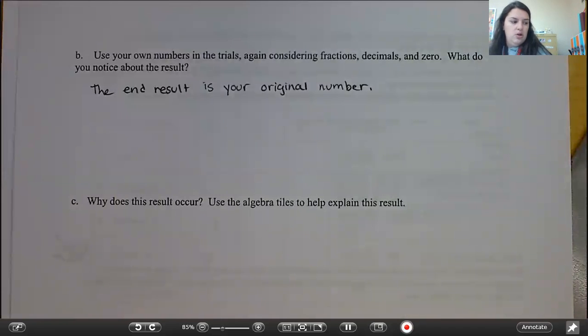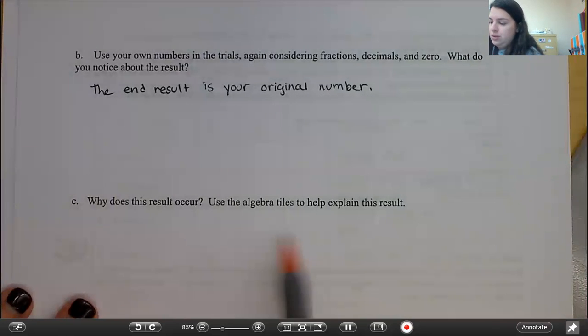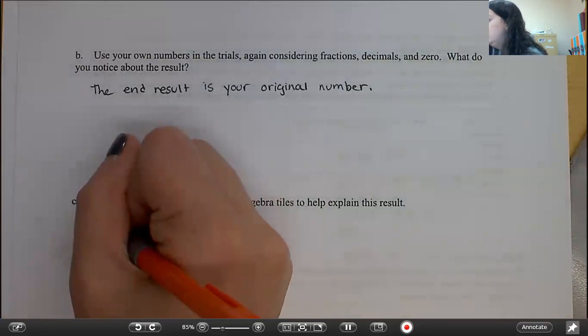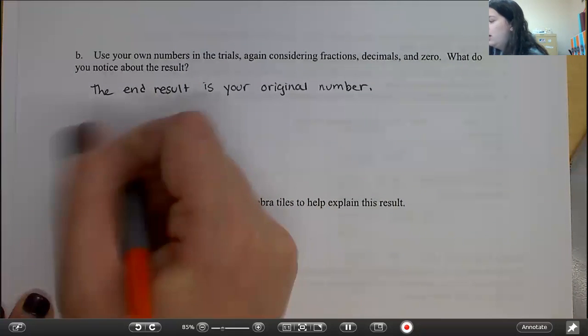Part C says, why does this result occur? Use the algebra tiles to help explain this result. So go ahead and pause the video and try and answer part C. Okay, if you're back with me, you've tried to answer part C. Part C is asking why this happens.